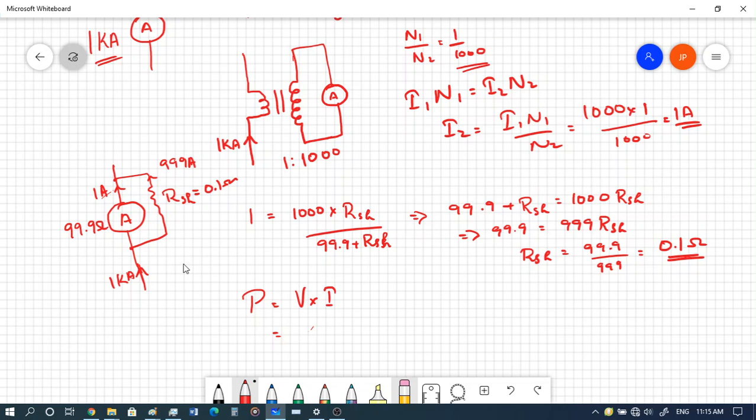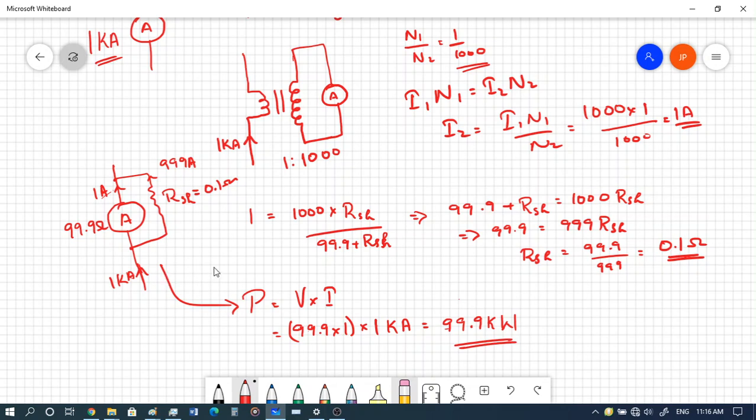So let's take the voltage across the ammeter, which is 99.9 into 1 ampere. The resistance into current is the voltage, and the current that is flowing through the entire setup is 1 kilo amperes, which makes the power consumption in this circuit 99.9 kilowatts, which is very huge.